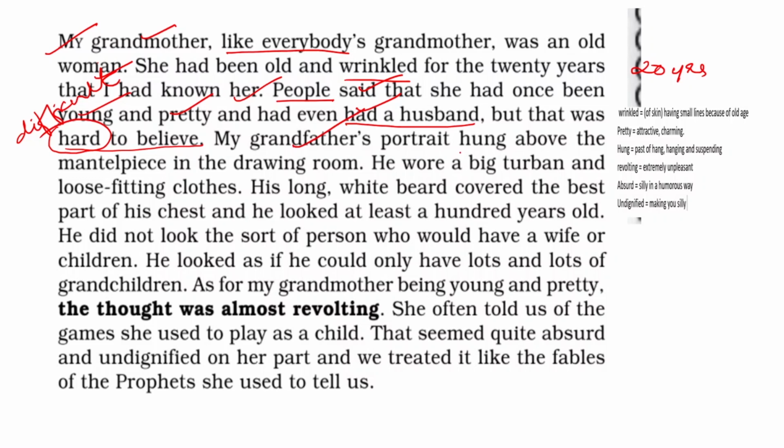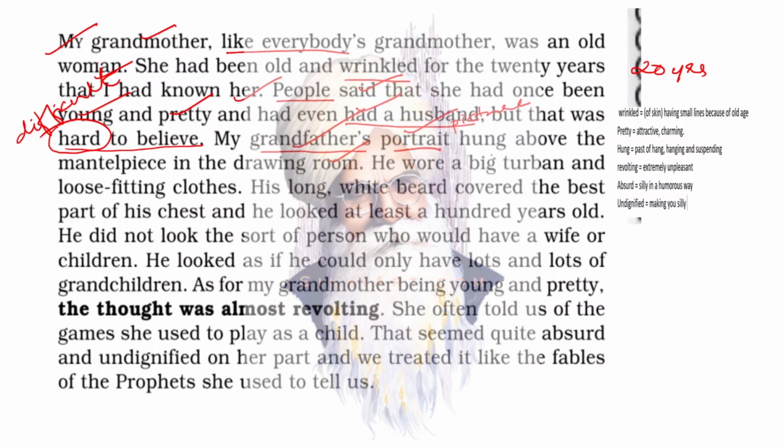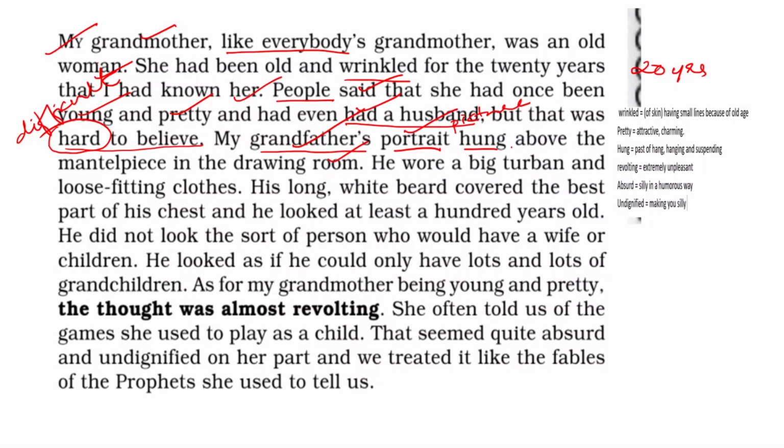My grandfather's portrait hung above the mantelpiece in the drawing room. Now Khushwant Singh gives a picture of his grandfather, this grandma's husband, through his portrait. Portrait here means the picture of Khushwant Singh's grandfather hung above the mantelpiece.